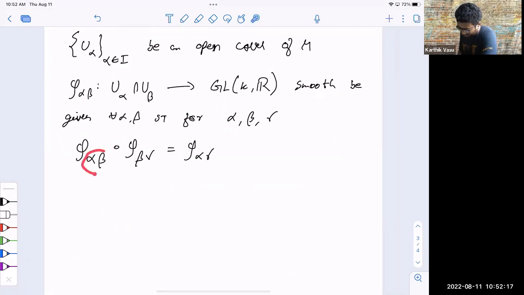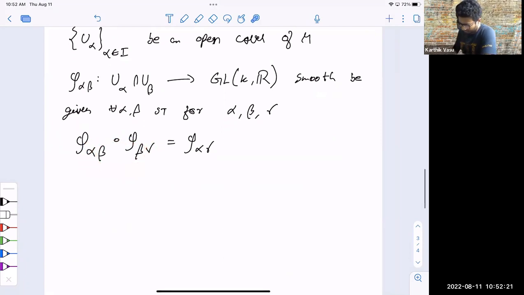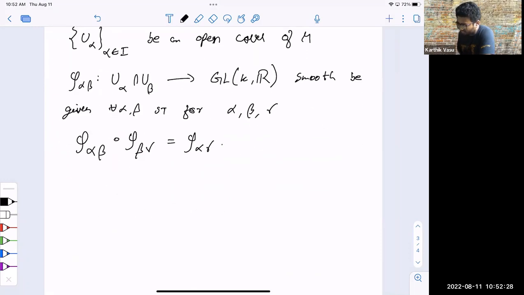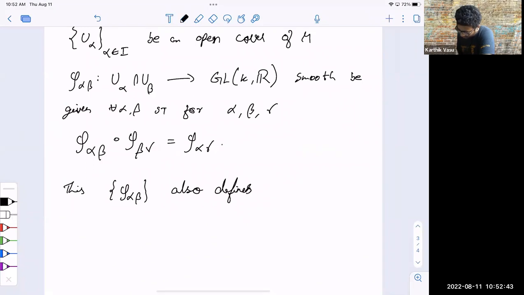So basically, you want the composition to hold true. Okay, so if you have this data, this also defines a vector bundle.